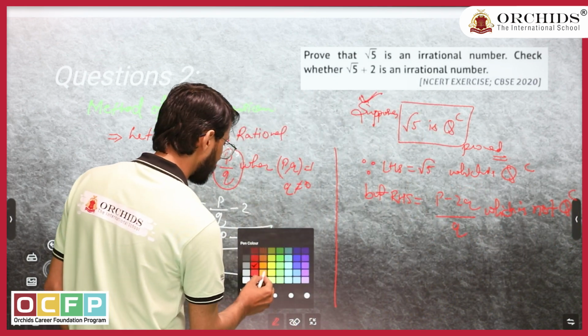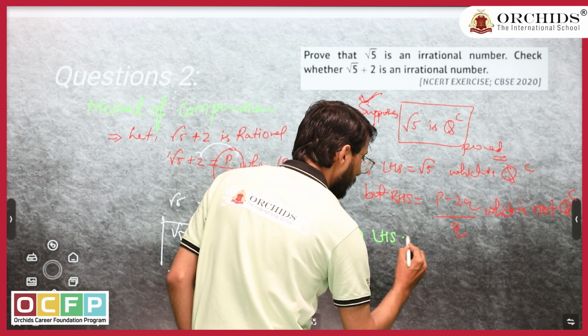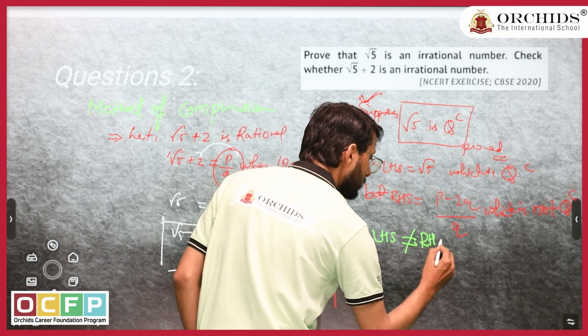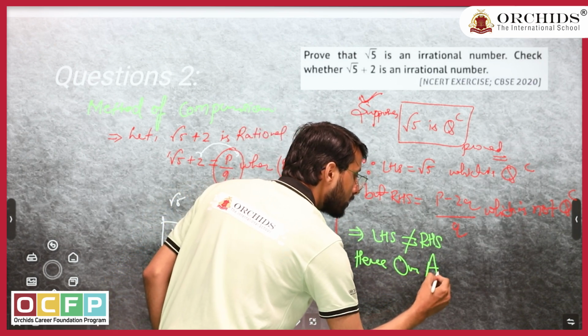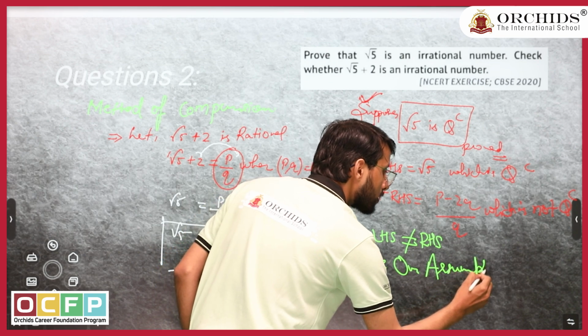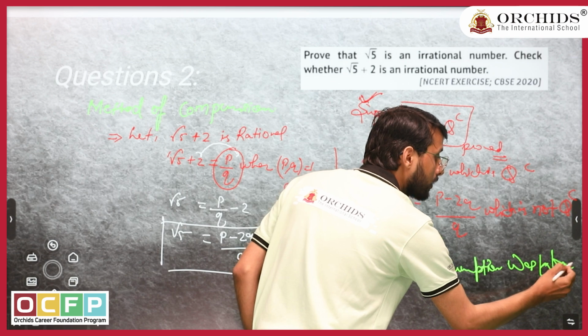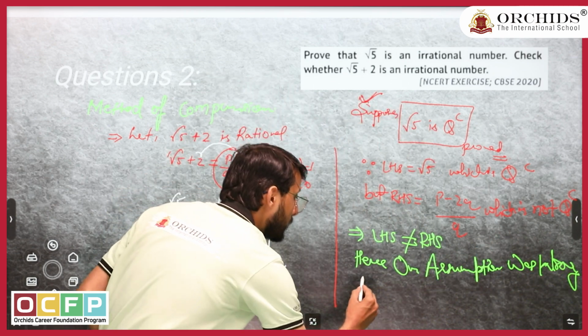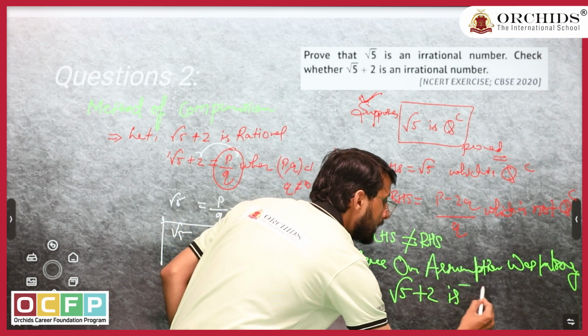So since LHS is not equal to RHS, hence our assumption was totally wrong. Assumption was wrong. And if the assumption was wrong, what does that mean? It means that root 5 plus 2 is irrational.